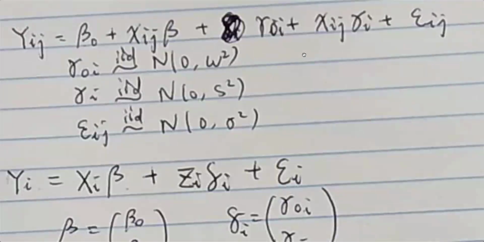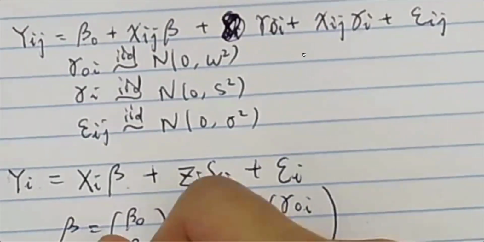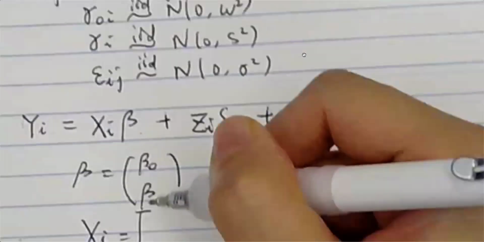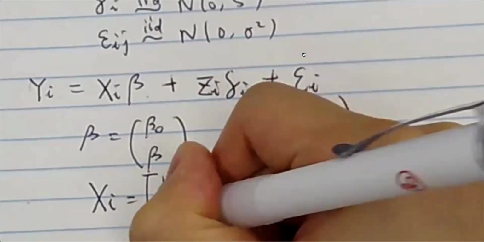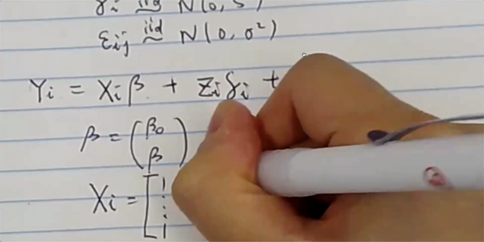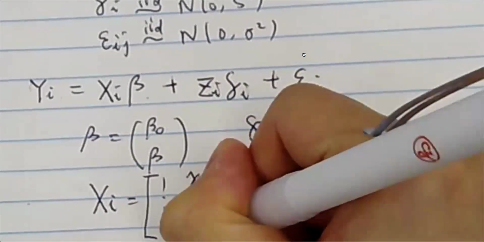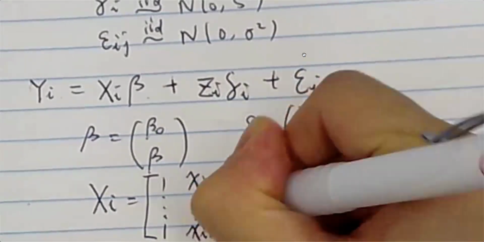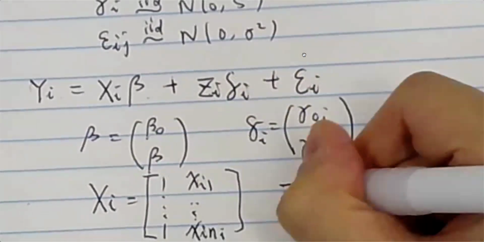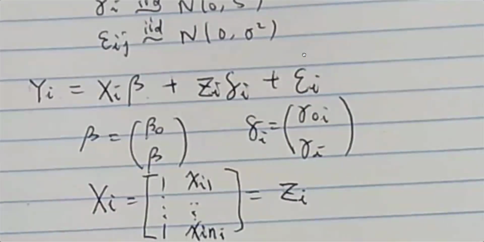And then in this case, Xi is just 1, xi1 to xini. And Zi is the same. In this case, Zi is just equal to Xi.